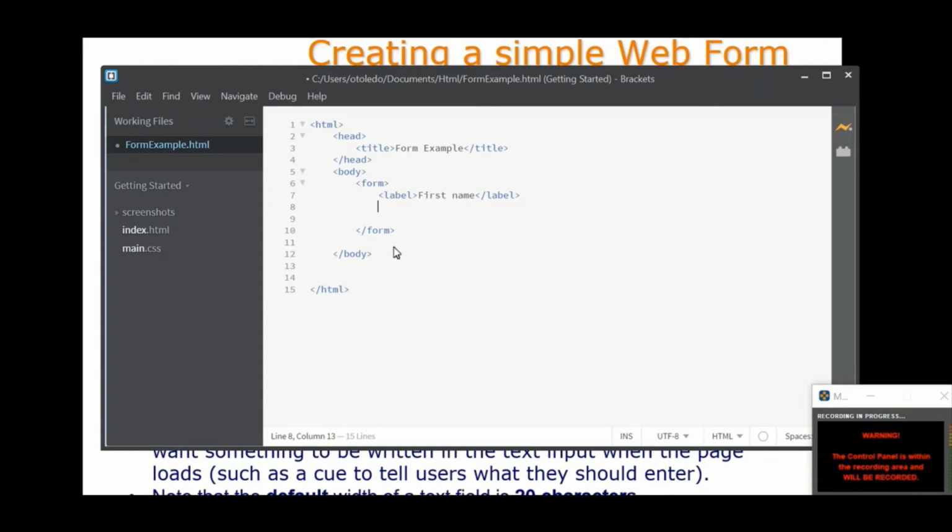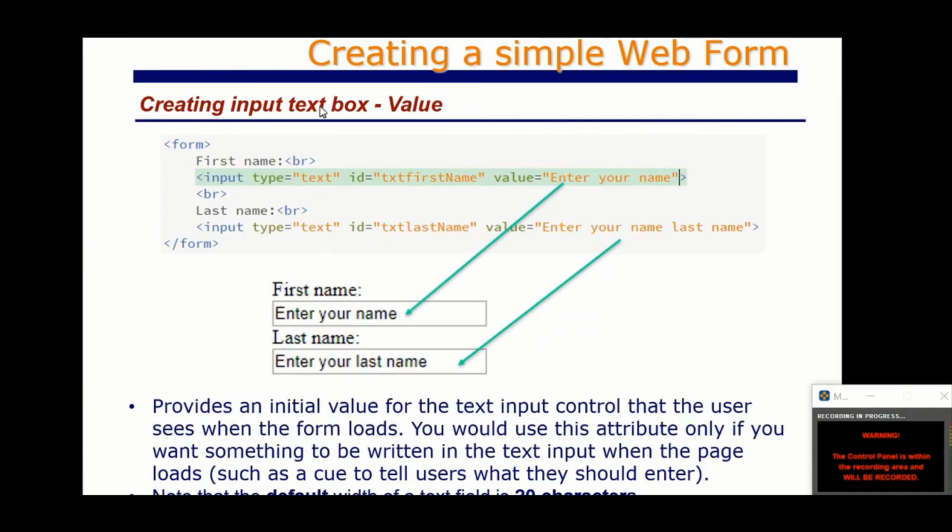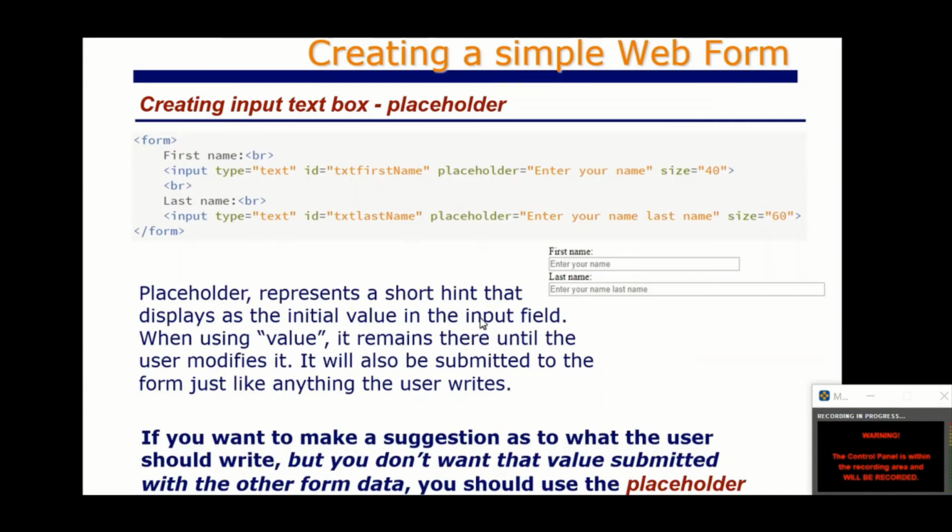This is gonna be like a label when we type first name. And now we need to add the box here, correct, to allow the user to enter their name, right? So it's gonna be an input.